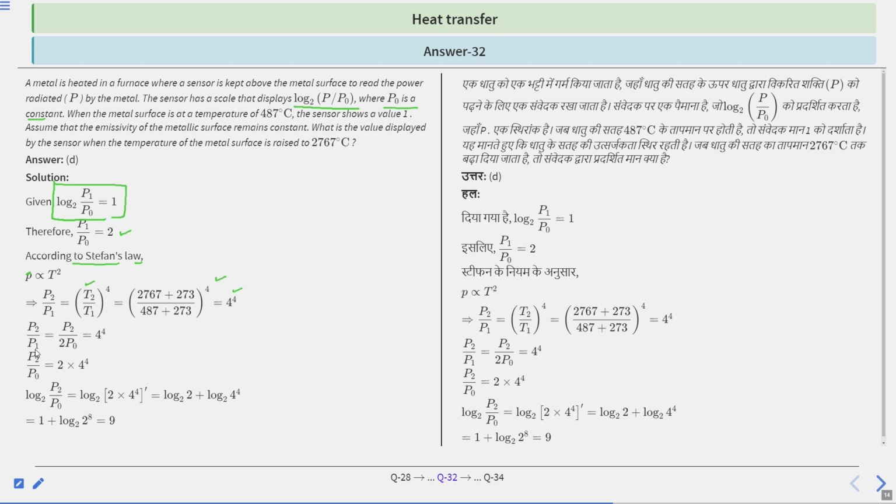So P2 divided by 2 P naught is equal to 4 to the power 4, so P2 divided by P naught is 2 into 4 raised to the power 4. So log base 2 of P2 divided by P naught is log base 2 of 2 into 4 raised to the power 4, which is log base 2 of 2 plus log base 2 of 4 raised to the power 4. Solving this numerical term, the final answer is 9.